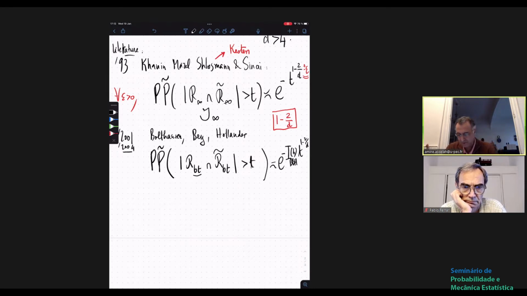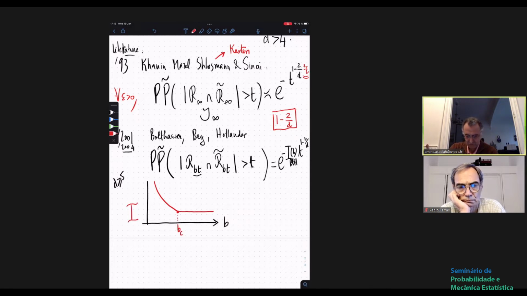The paper is beautiful in the sense of it's, I think, very sophisticated, based on Donsker-Varadan. And let me just draw you the key thing. The key thing is that if I draw in terms of B, the rate function in dimension 5 and more, and now the problem can be solved also in dimension 4 or whatever, at some point, there is a plateau. So there is a B, let's say, critical, after which the rate function reaches a plateau.